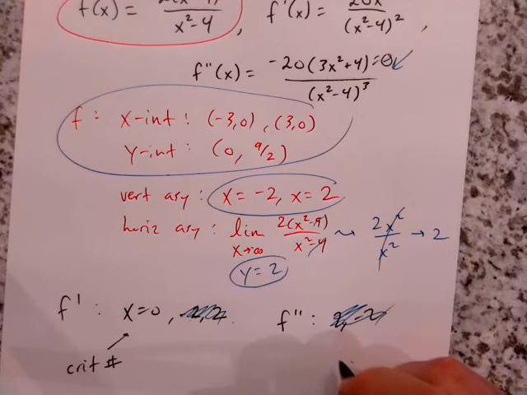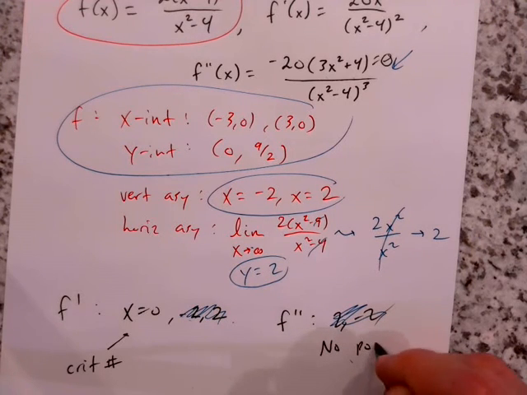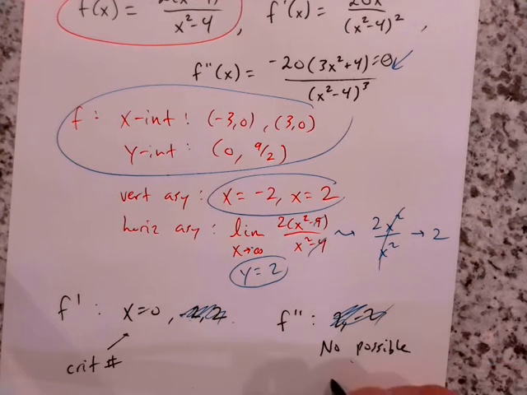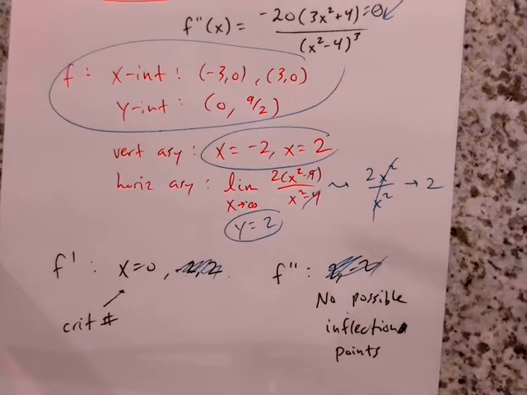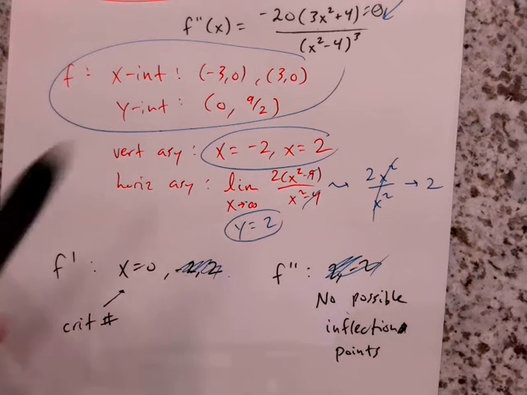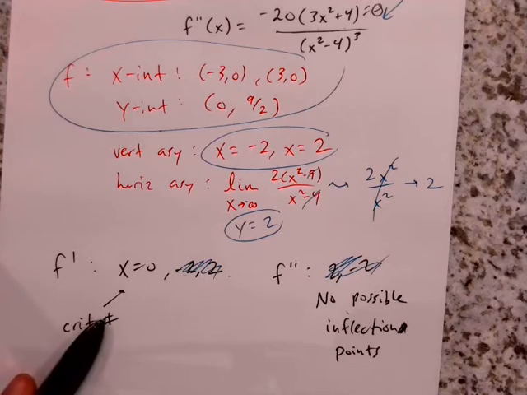So we have no possible inflection points. So no points on the graph will have a change in concavity. Concavity might change, it's just if it does change, it happens at the asymptotes. So that's your first step. Find the intercepts, find the asymptotes, find the critical numbers, find the possible inflection points.